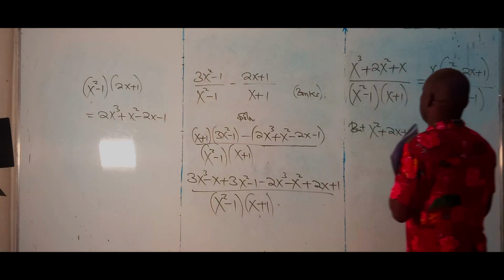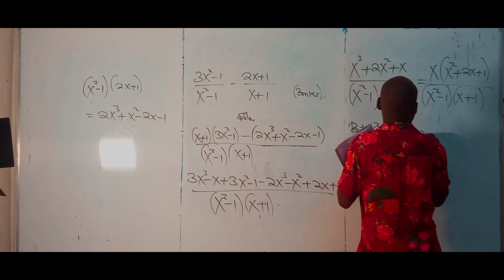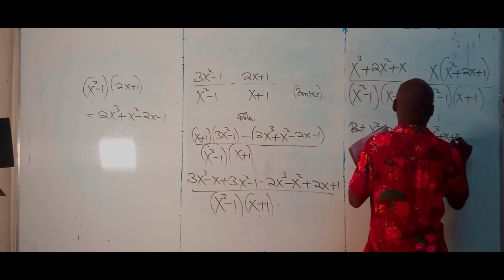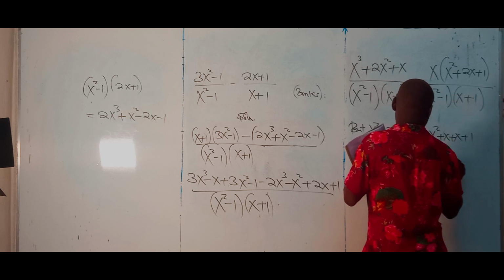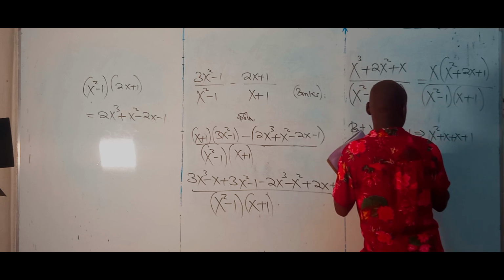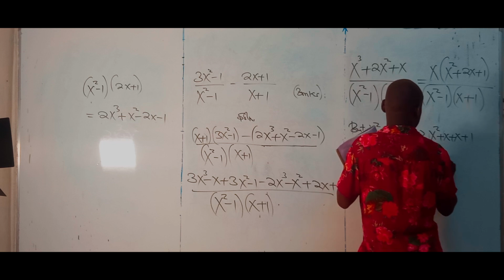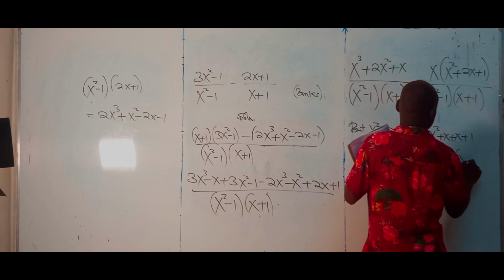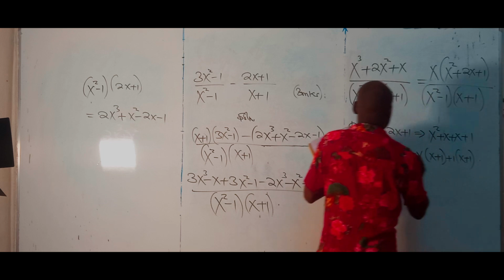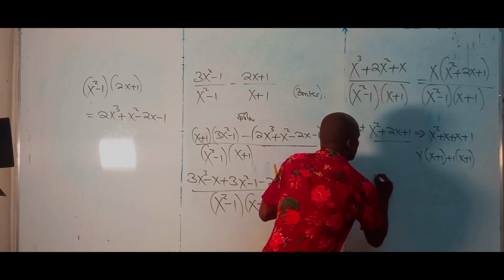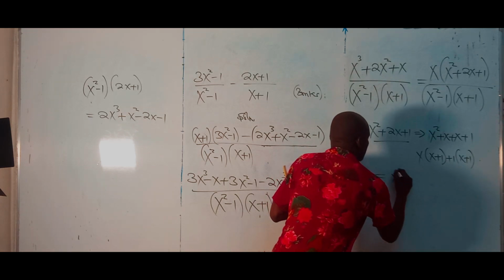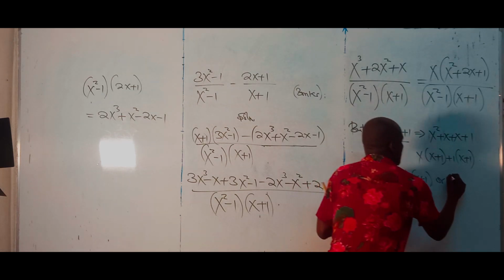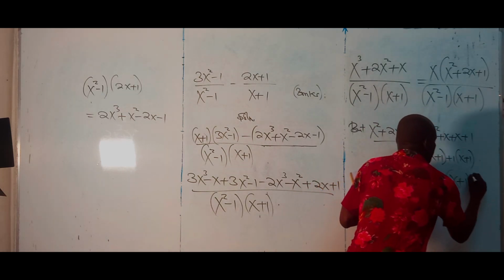That has to be 1 and 1. So this I can rewrite as x squared plus x plus x plus 1. Upon factorization, I get x into x plus 1, plus 1 into x plus 1. So the whole of this is effectively x plus 1, x plus 1, or x plus 1 squared.